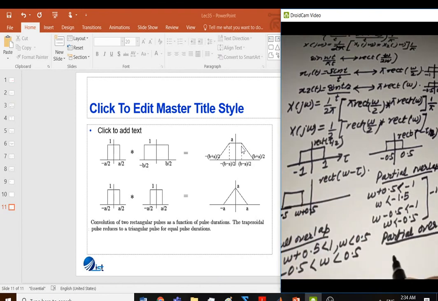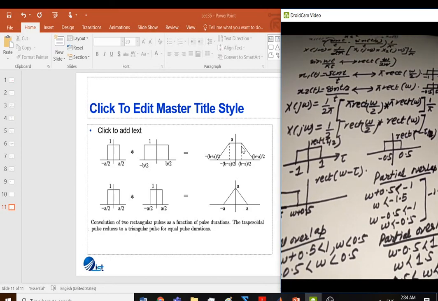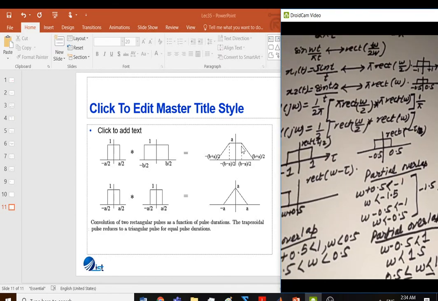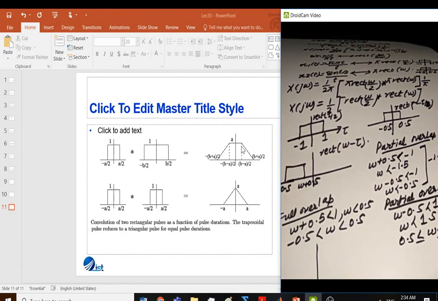So we say that omega minus 0.5 is less than 1. So this continues till omega is less than 1.5. So for the next partial overlap region we have 0.5 to 1.5, which completes our regions.